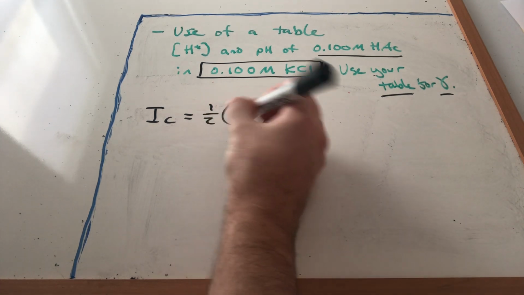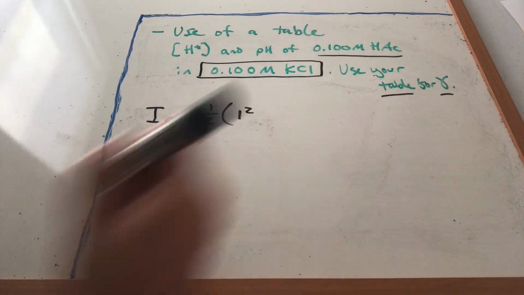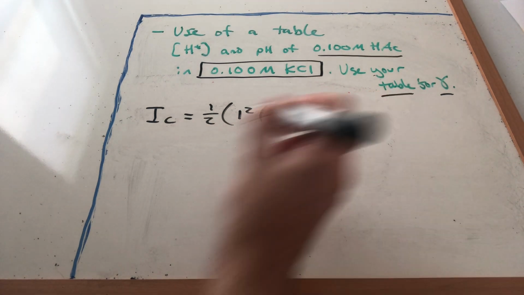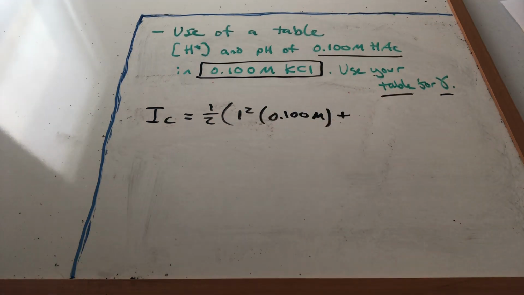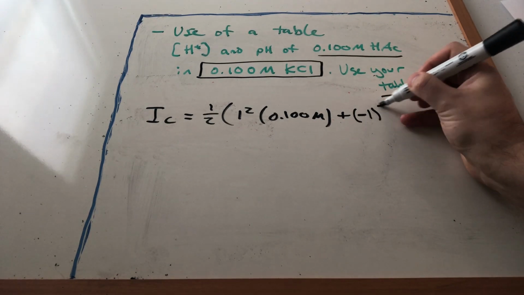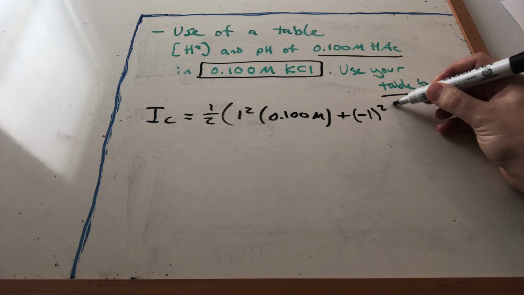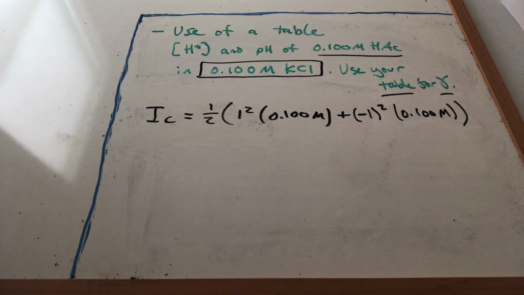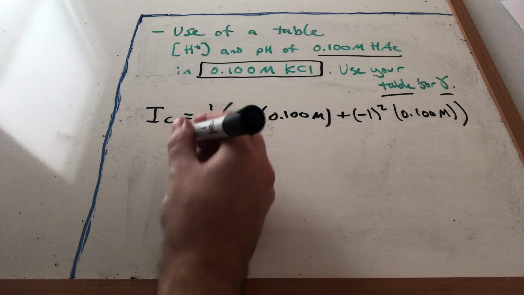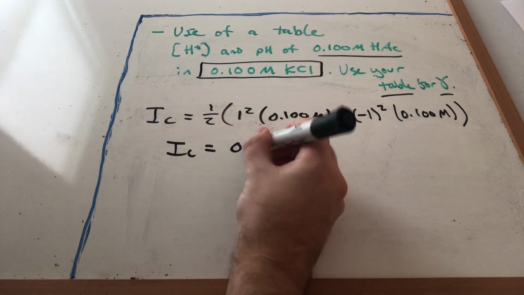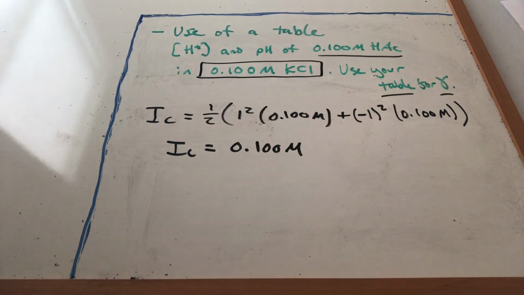So our I sub C is going to be 1/2 of 1 squared, K's charge, times 0.100 molar, plus negative 1 squared, which is Cl minus's charge, times 0.100 molar. Think about the dissociation, the 1-to-1 ratios. Again, we get a real simple I sub C that is equal to 0.100 molar.